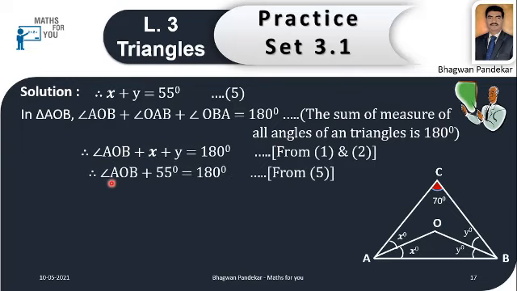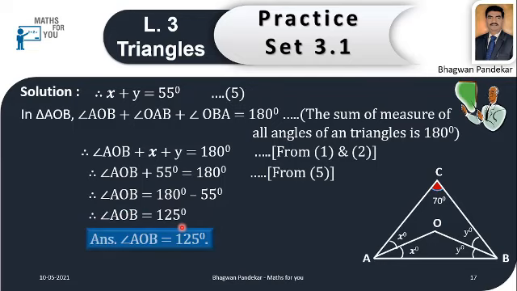So therefore, angle AOB plus 55 degree is equal to 180 degree from equation 5, putting the value of x plus y is equal to 55 degree here. Therefore, angle AOB is equal to 180 degree minus 55 degree. Therefore, angle AOB is equal to 125 degree. This is your final answer of this example.